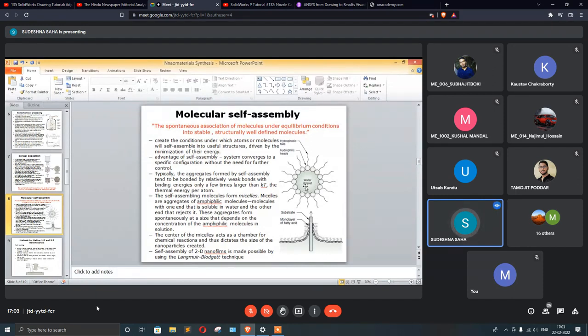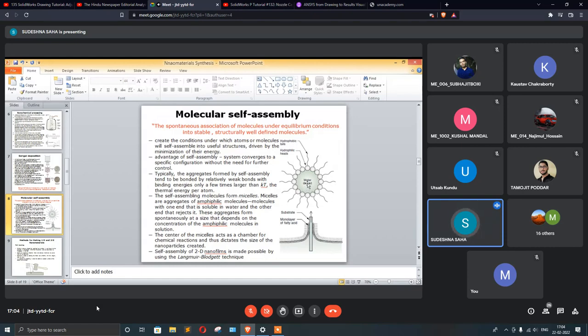And if you can prepare the nanomaterial within this core, at the center of the micelles, because these are known as micelles, if you can use the center of the micelles for reaction, then you can create nanomaterials with a size of probably 200 nanometers, depending obviously on the thermodynamics.